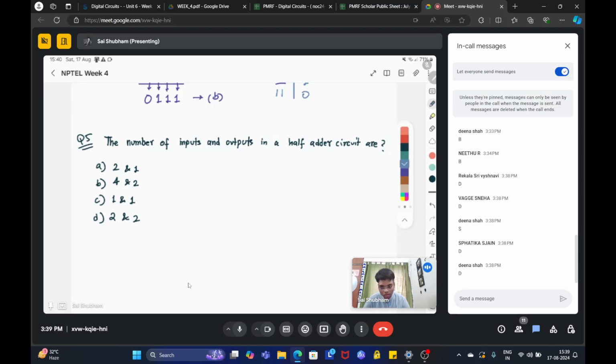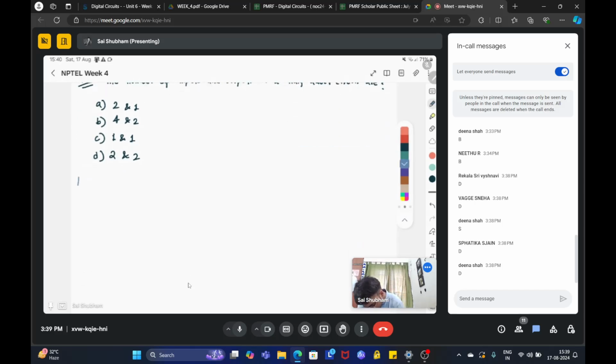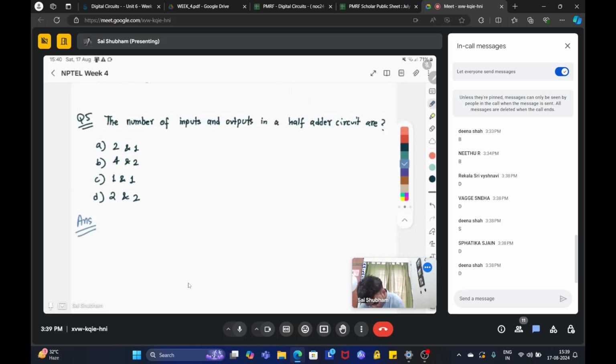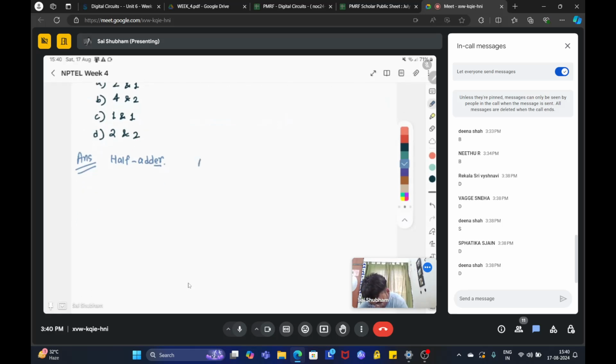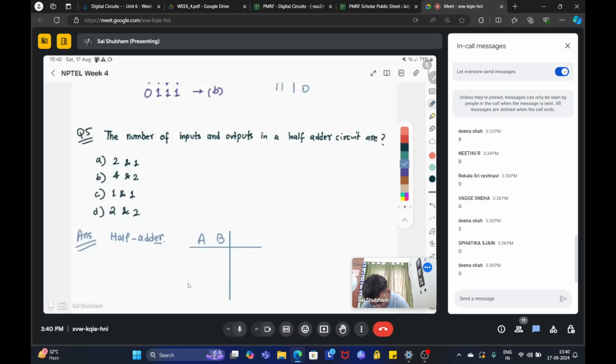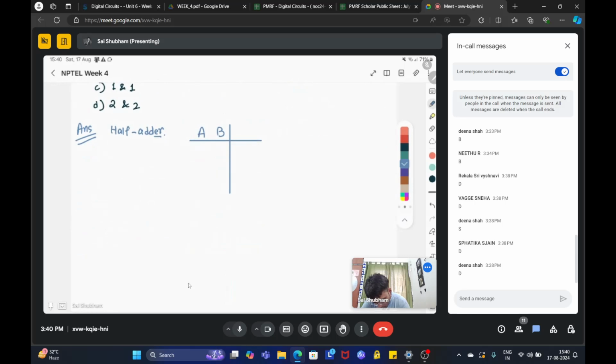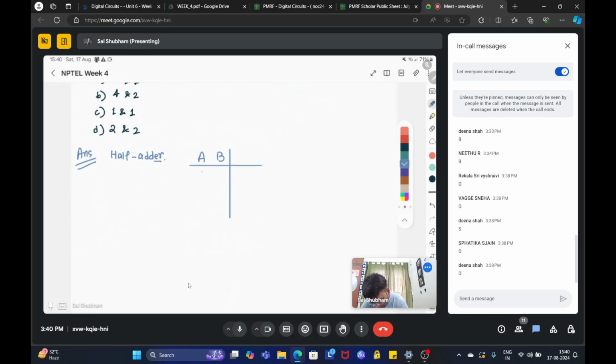So I will discuss the solution. Suppose that there are two inputs A, B, then I will have, so what are the possible combinations I can add them, and what will be the output?